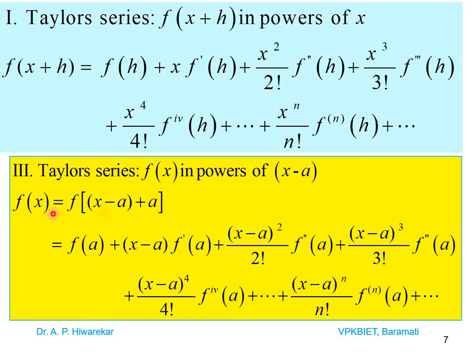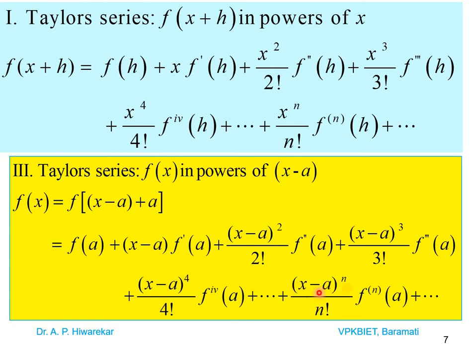So we get f of x in terms of x minus a as f of a plus x minus a into f dash of a plus x minus a square divided by 2 factorial into f double dash of a plus x minus a cube divided by 3 factorial into f3 dash at a, and so on.